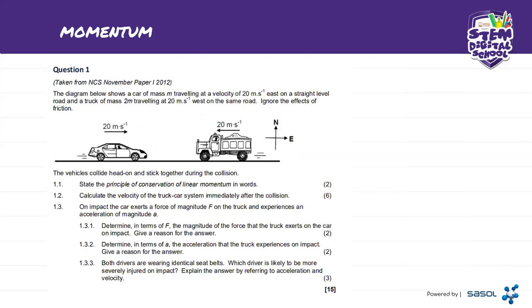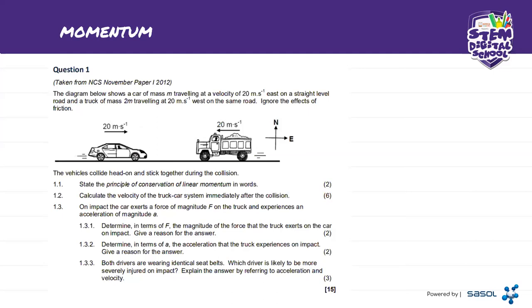So on our third problem, what they ask there is both drivers are wearing identical seat belts, okay? Which driver is likely to be more severely injured on impact? And explain your answer by referring to the acceleration and velocity. Just looking at these two cars, they're both traveling at the same speed, but this one is much larger, okay?